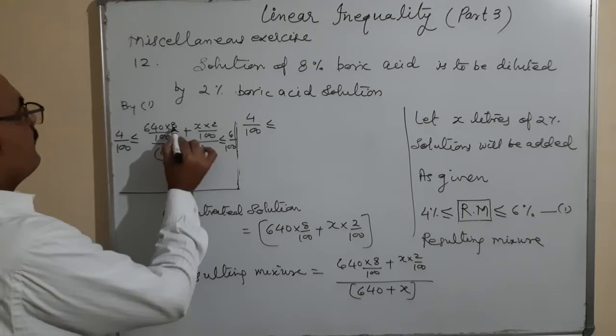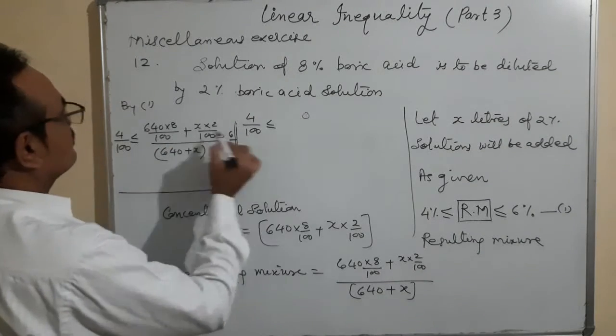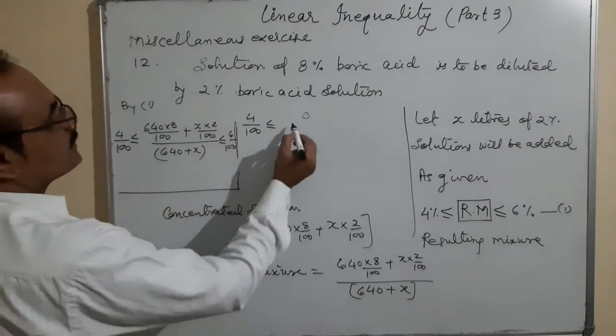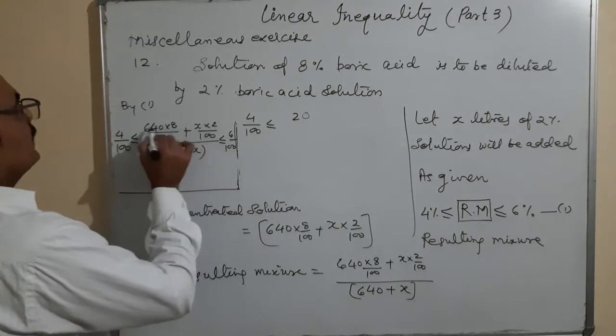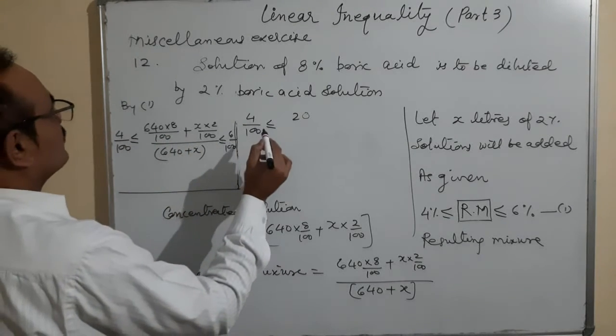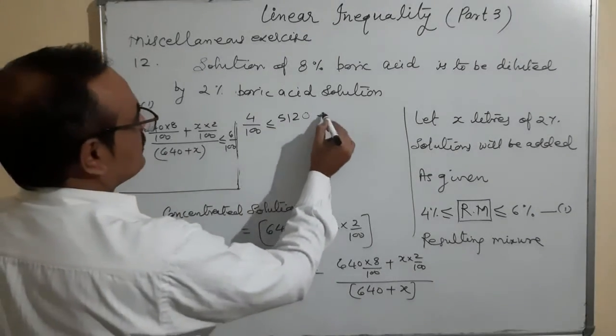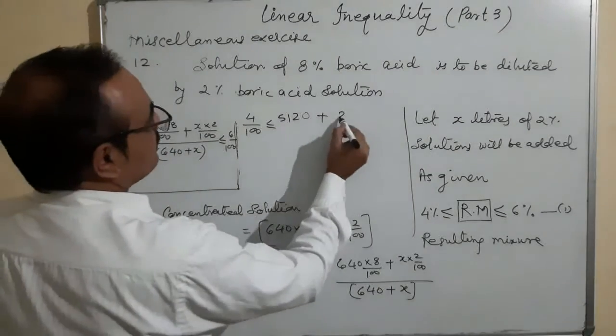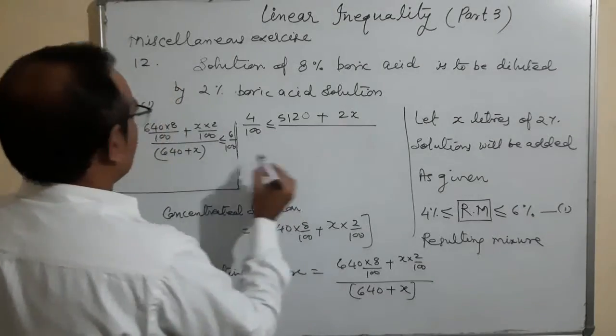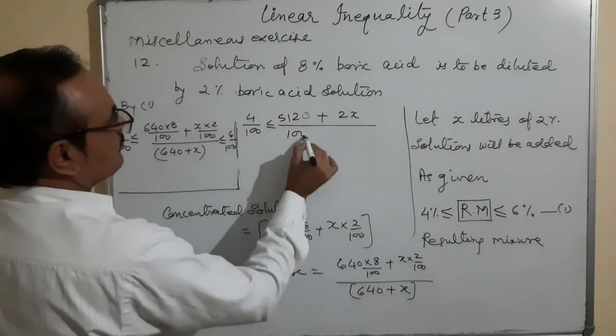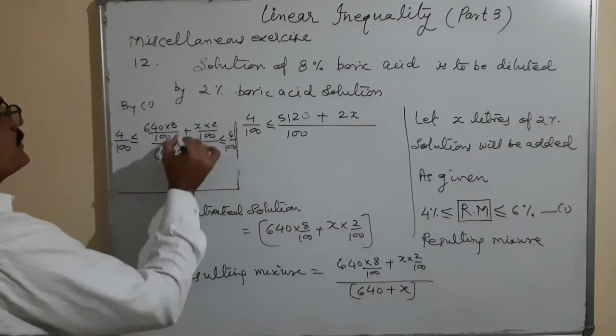Eight 4s are 32, eight 6s are 48, 48 plus 3 is 51, plus 2x upon 100, and this is also upon 1, it's shifted here.